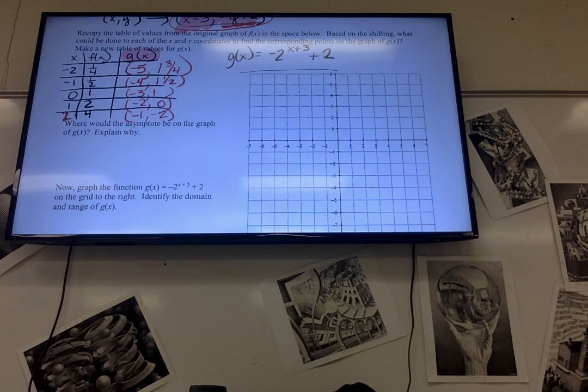Okay, I am going to go ahead and put my horizontal asymptote at y equals 2. This time it should be decay because b is greater than 1, but there's one reflection. So I know it's going to be decay. Negative 5, 1 3/4.